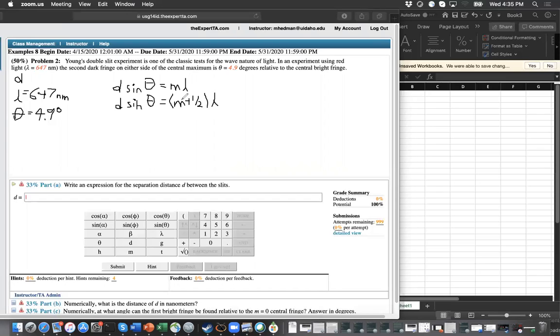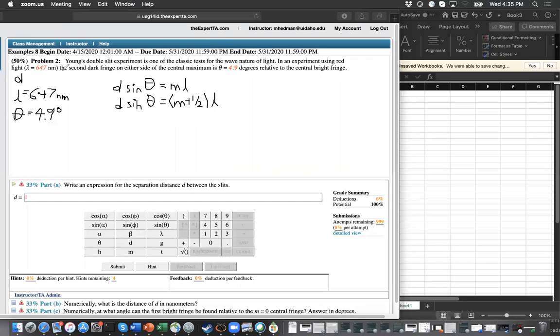So the question is now, which of these expressions should we be using? And we'll also realize we need to know what m is. We know lambda, yay. We know theta, yay, and we're looking for d. But the one thing we don't have is m. You might lock into the first one because it's the easier one to write down. But to know which expression to use, we need to read the problem carefully.